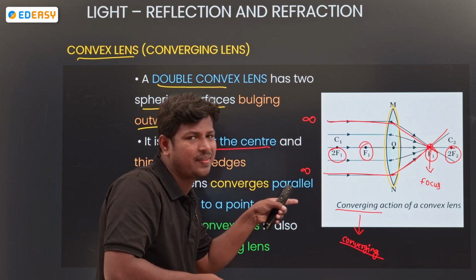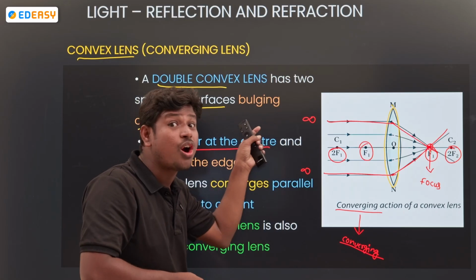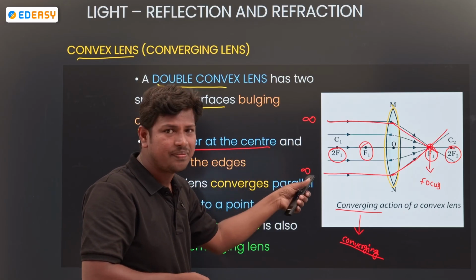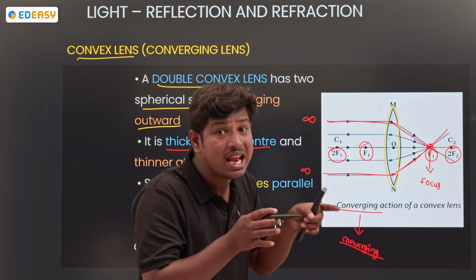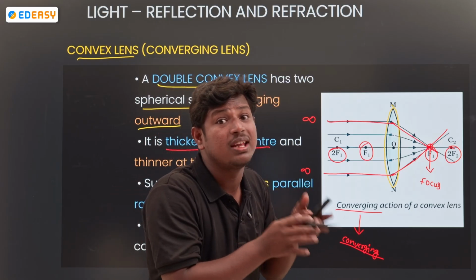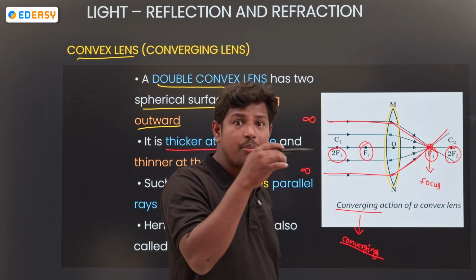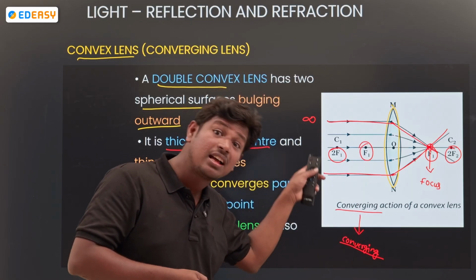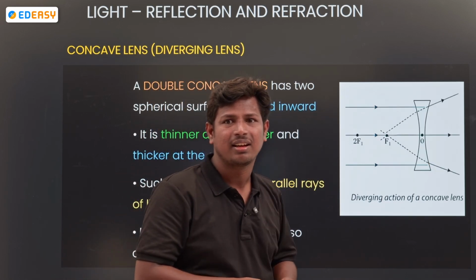Combining at a point. Remember, the concave mirror is converging, and here the convex lens is converging. Clear? Concave mirror, convex lens: both have the same property. Those properties we will discuss further.